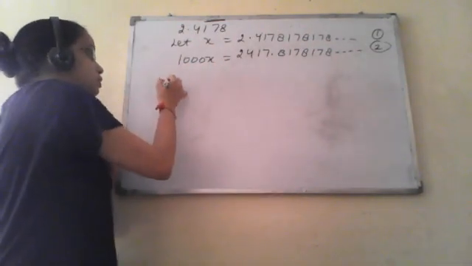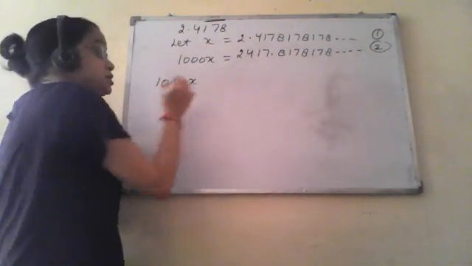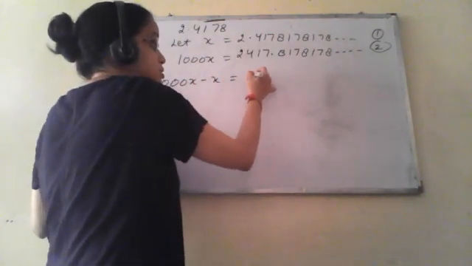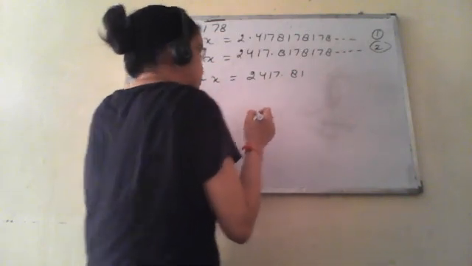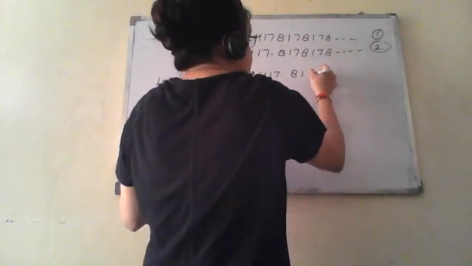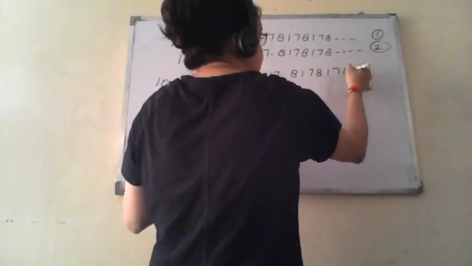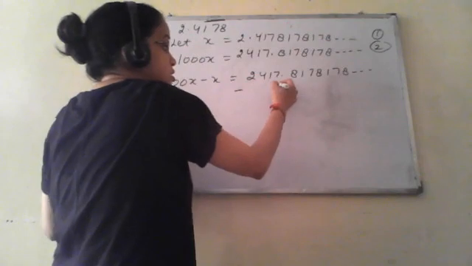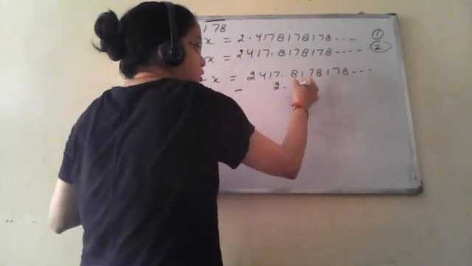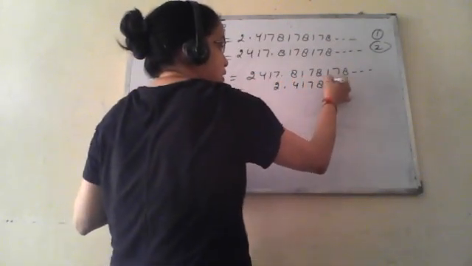Now the next step will be, we will subtract equation number 1 from equation number 2. So it is 1000x minus x. This is 2417.8178178 and so on, minus, in order to simplify I'm just writing it in this way, x was 2.4178178 and so on.